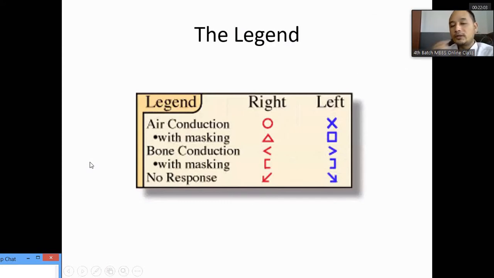Okay, now the symbols we use to plot the graph in pure tone audiometry. They're called the legends. You should remember this so you can decipher any audiogram. Now for air conduction with masking, everything on the right side is in the color red, and on the left side is blue.